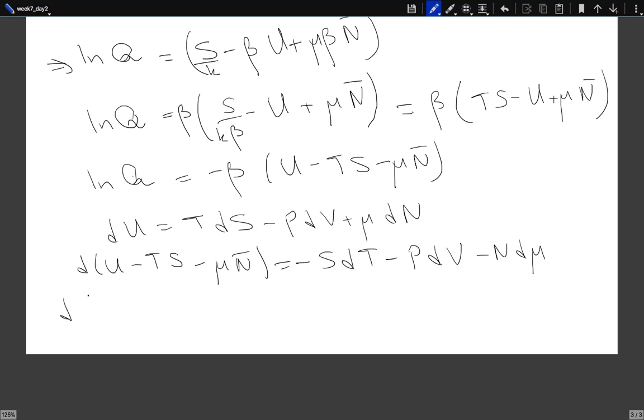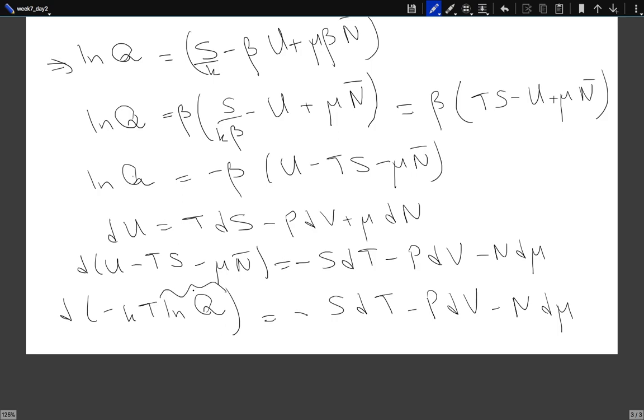So d of minus kT logarithm of Q, whatever that is, would be minus S dT minus P dV minus N d mu. Now this is in your book, it's also called the Q potential, small q.